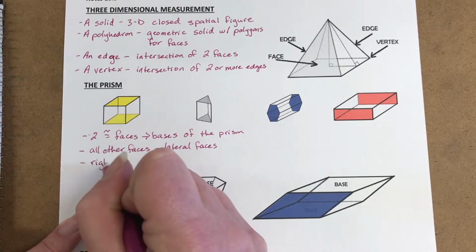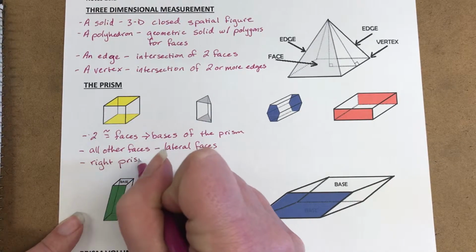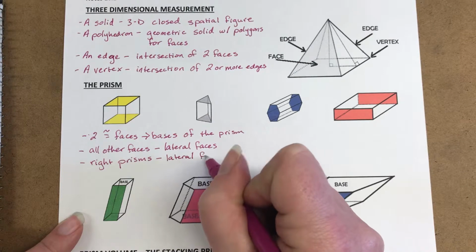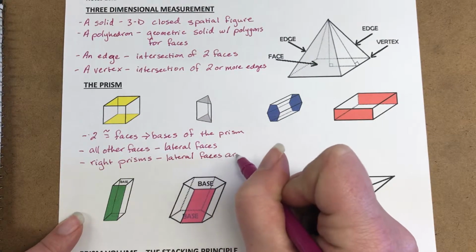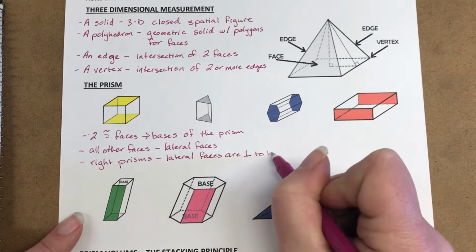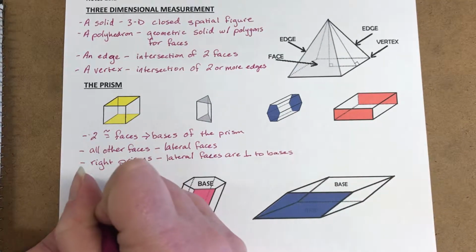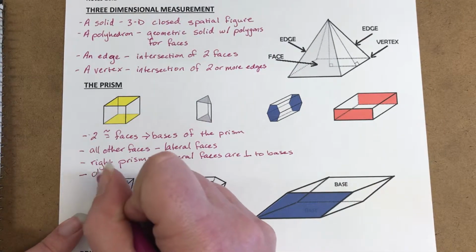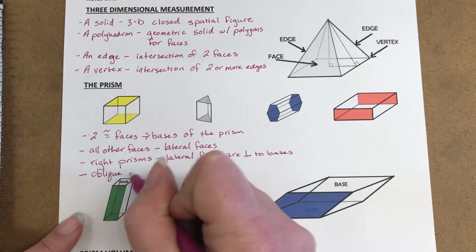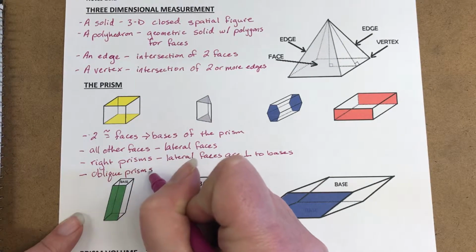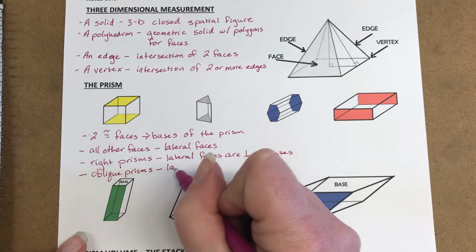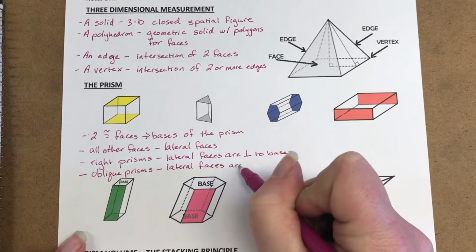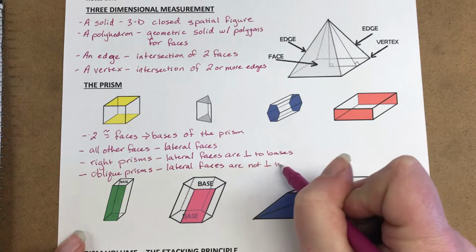Right prisms are prisms where the lateral faces are perpendicular to the bases. Oblique prisms are where the lateral faces are not perpendicular to the bases.